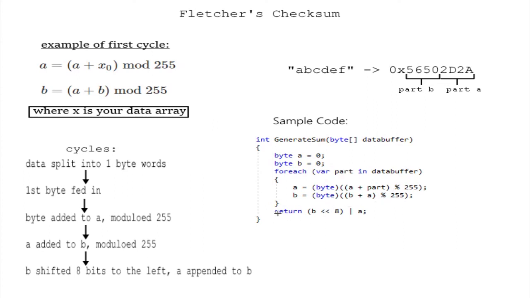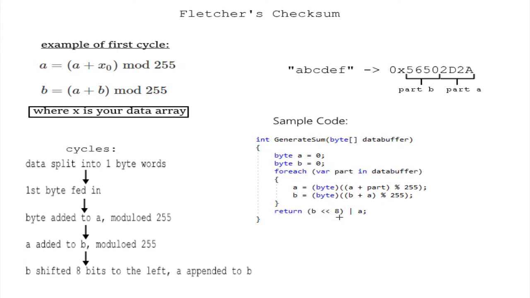Our return, this is our checksum that is returned. We take B, which is again an 8-bit integer.